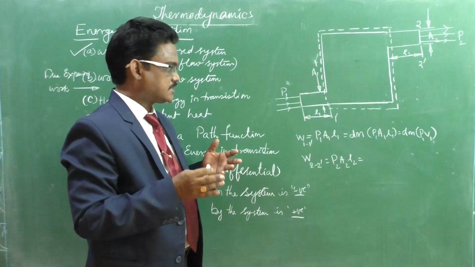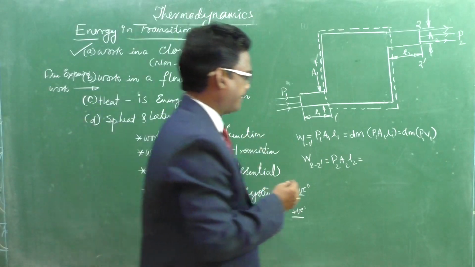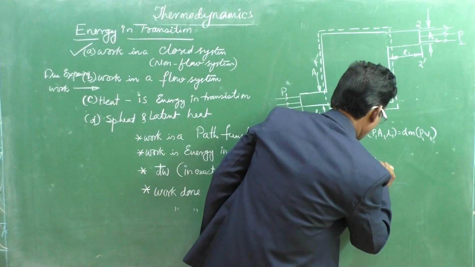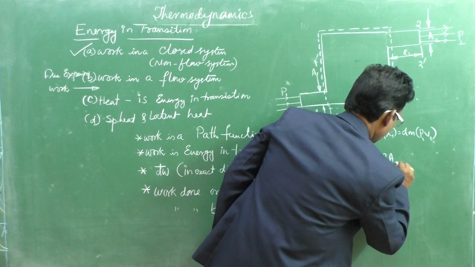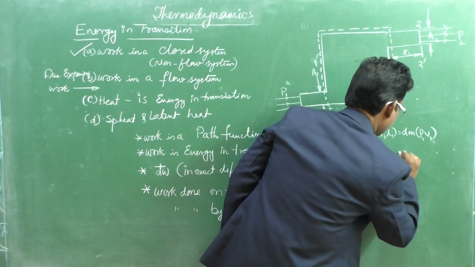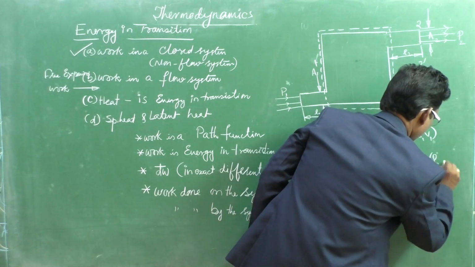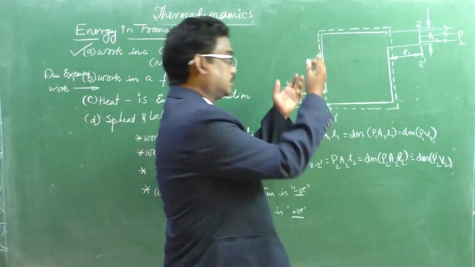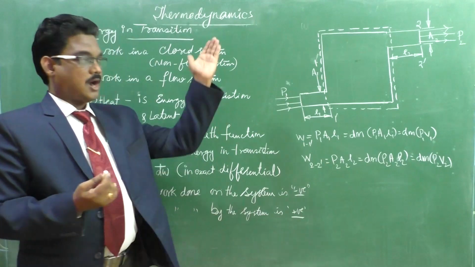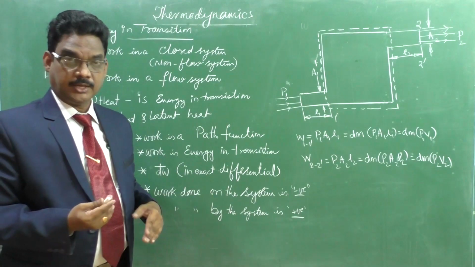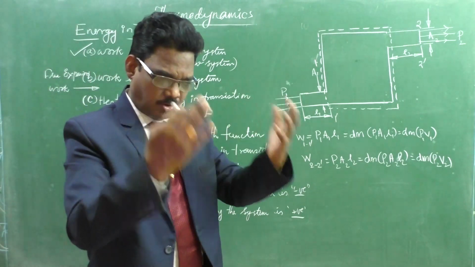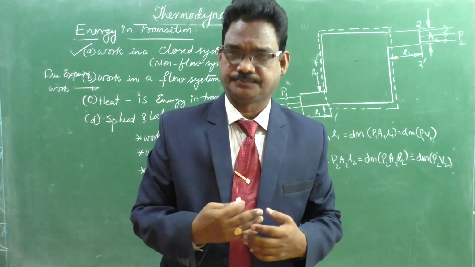Okay, and if we consider a small mass dm, then dm into P2 A2 L2 will give us dm into P2 V2. This is the work required at the outer boundary. At the boundary it is required.